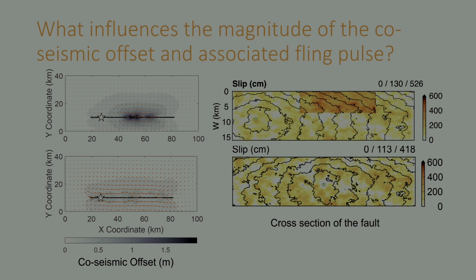The colors may not be that clear, but at the top you have closer to about 2 meters of offset, whereas at the bottom you're a little bit less than 1 meter. Those correspond to different rupture realizations, where the top one has this big patch of large slip. So you see this clustering of the permanent displacements around that area.